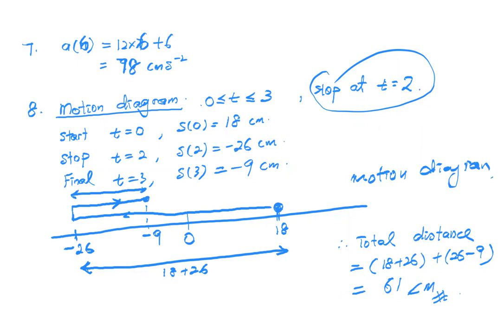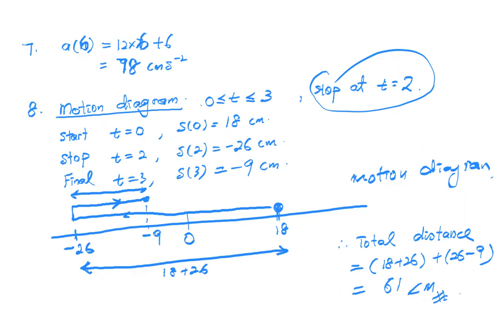Teacher, total displacement is just 26 plus 18, right? There is no such thing as total displacement. Only total distance traveled. I will say, what is the displacement after 3 seconds? I will not ask total displacement. Understand?